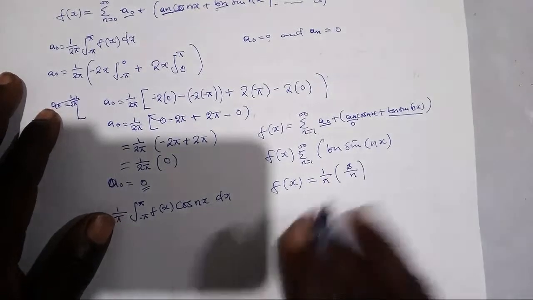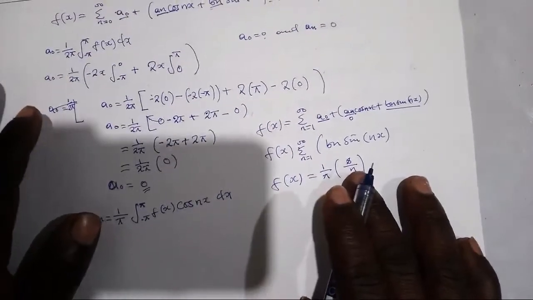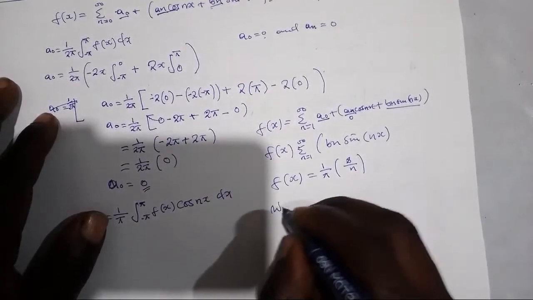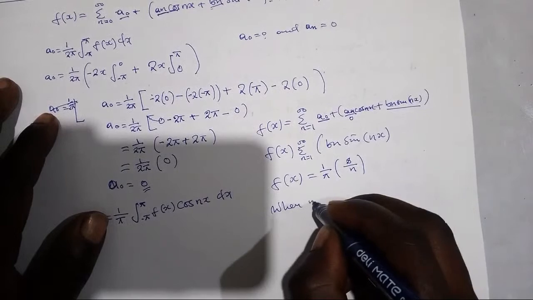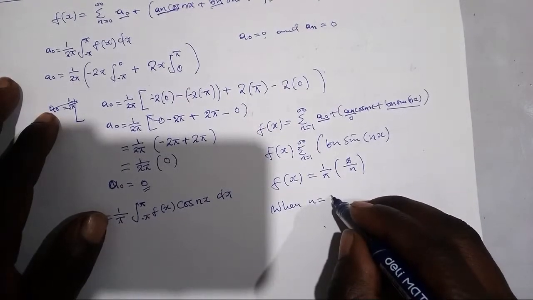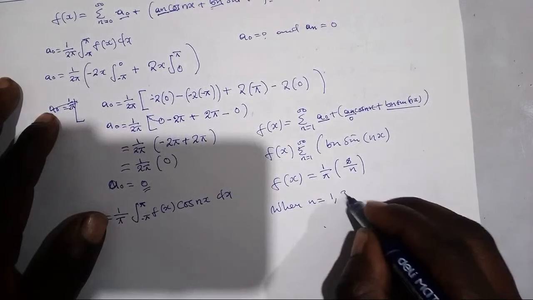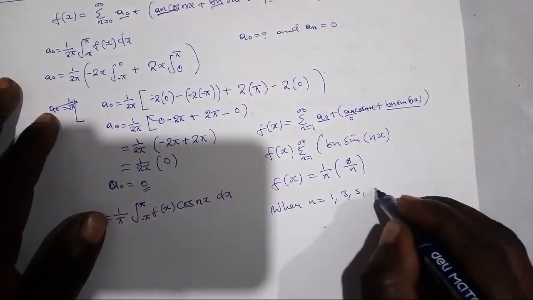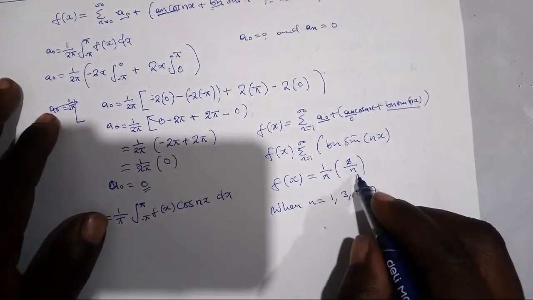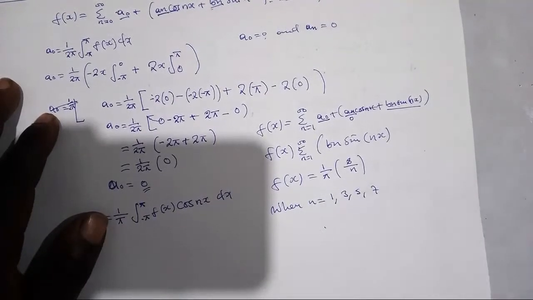Because when we're dealing with cos, we only deal with odd numbers. So the odd numbers start from 1, 3, 5, and 7. So we're going to use these numbers to substitute where there is n, okay?